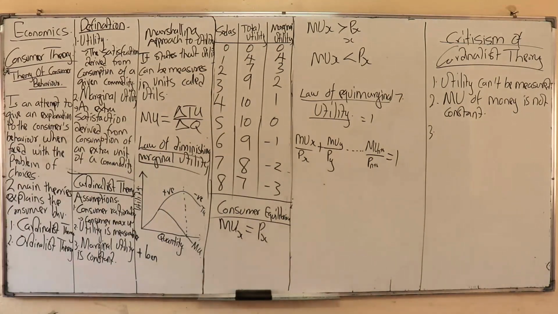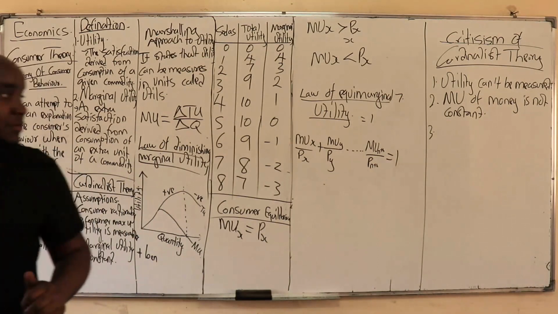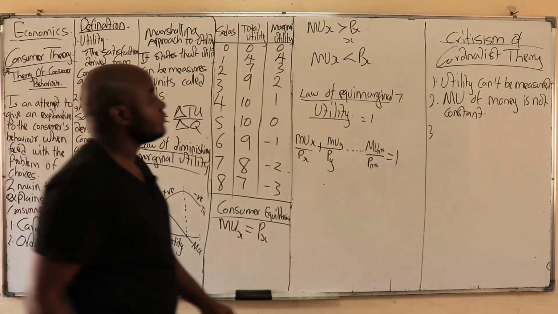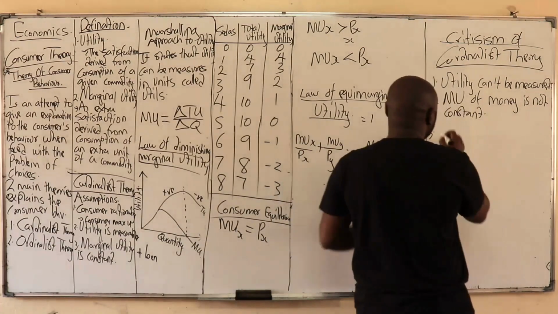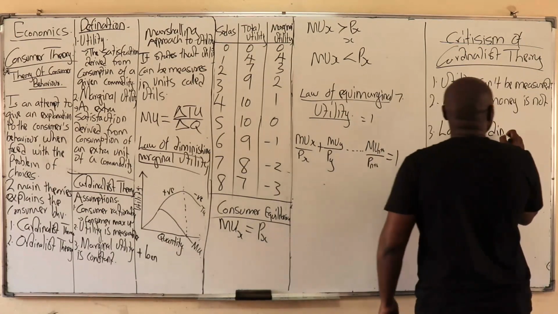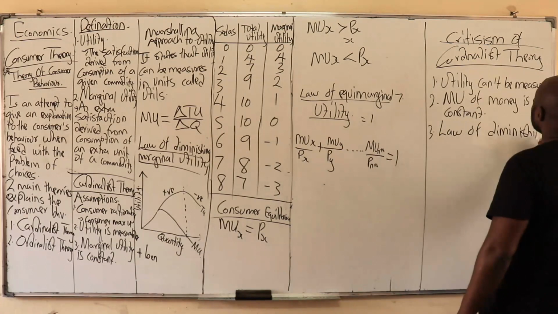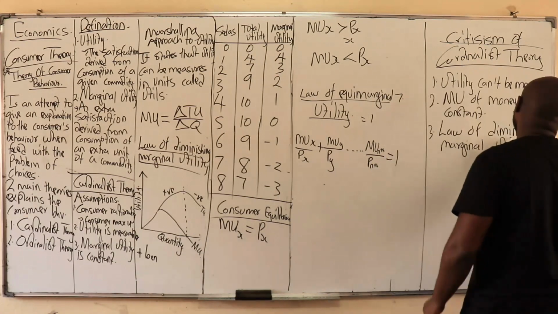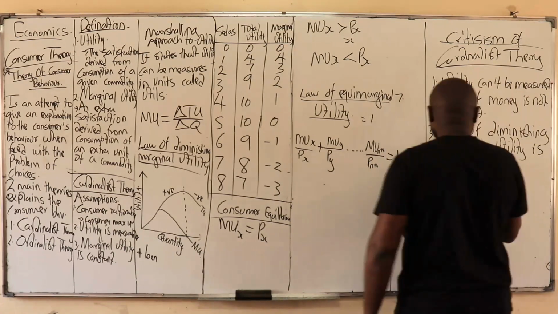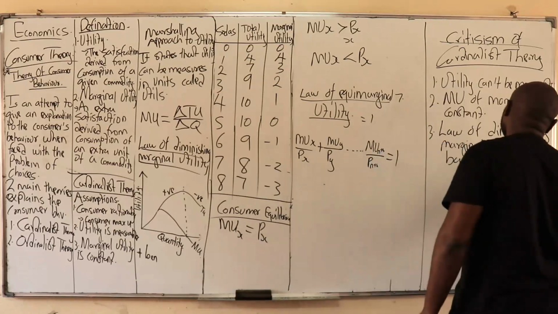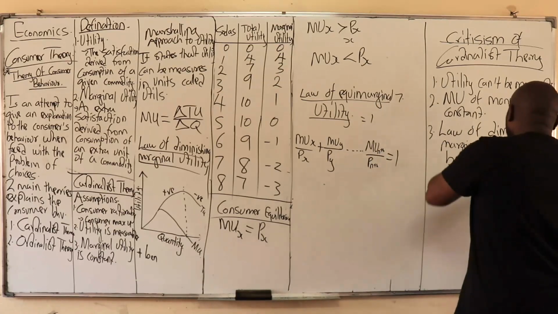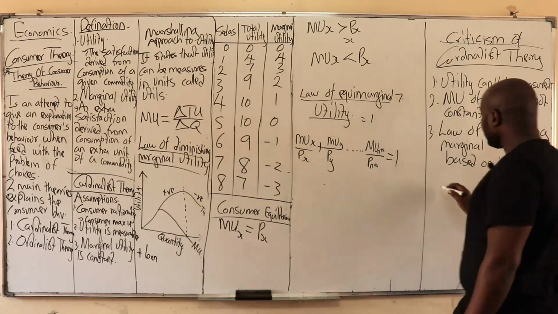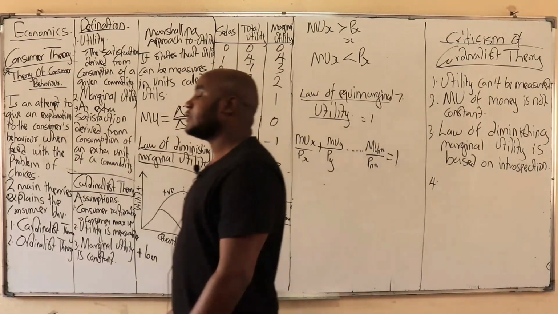Then, the law of diminishing marginal utility is based on introspection. Introspection means what?